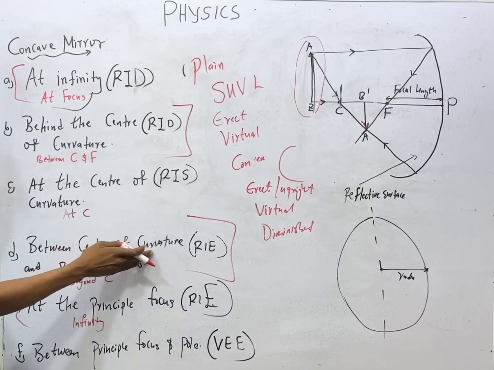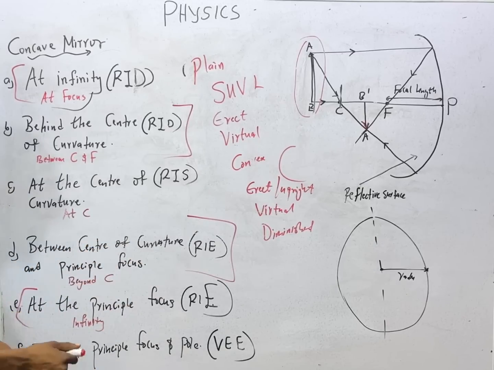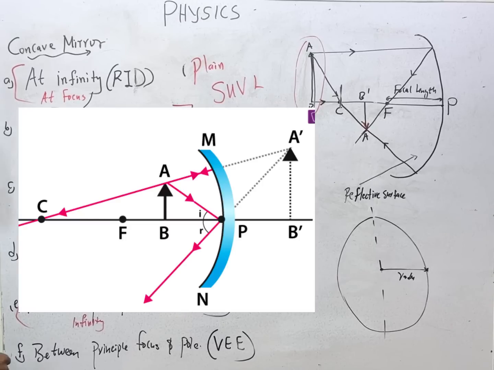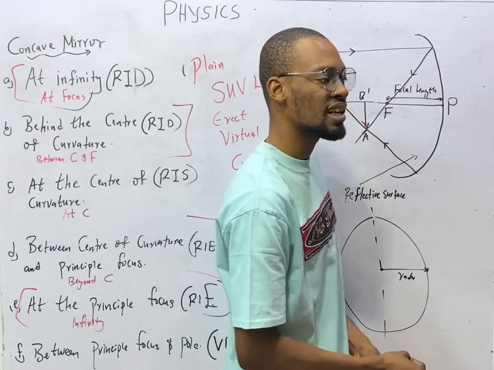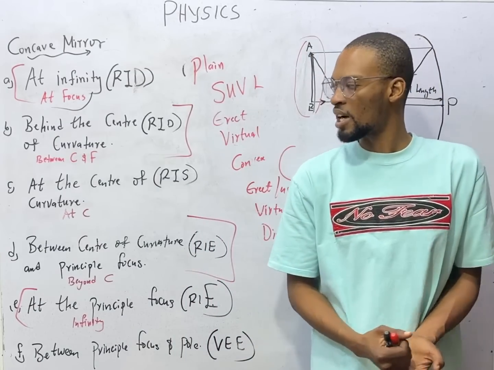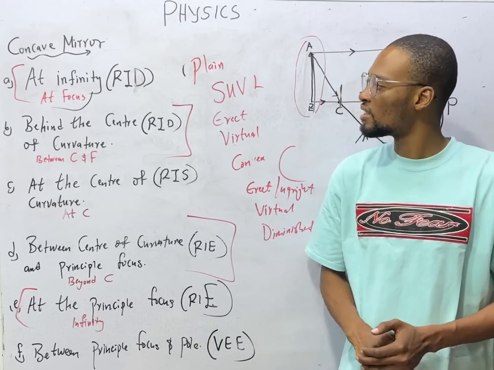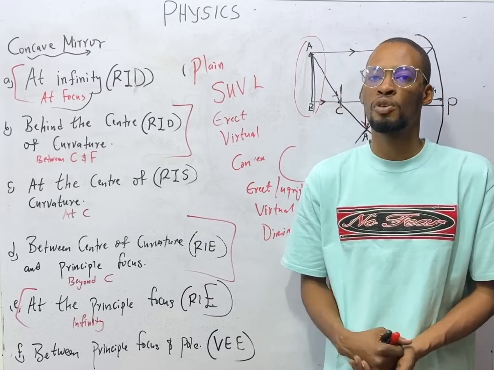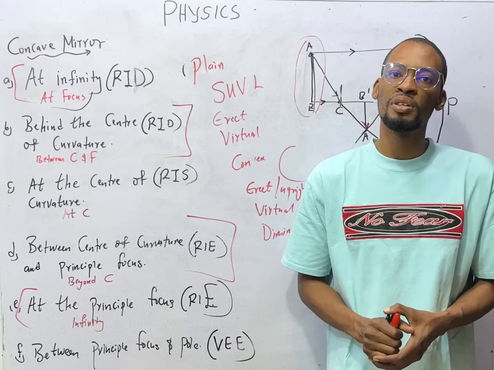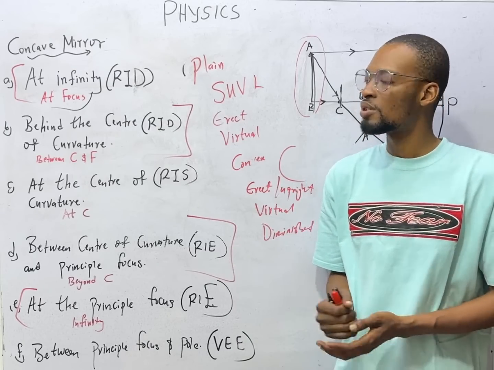For center of curvature and focus, it is enlarged. And when you place the object between the principal focus and the pole, the image formed is virtual, erect, and enlarged. I've said a lot. Please make sure you understand. If you have further questions, please let me know. And if you don't understand this, don't proceed to the next.